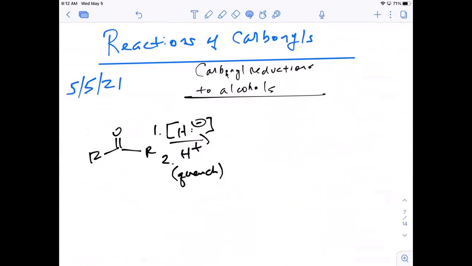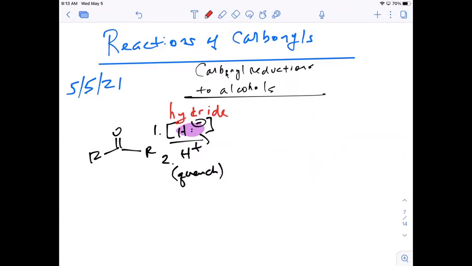The way you reduce carbonyls to alcohols is kind of a two-step process. The first is you need a hydride, some type of hydride source. And the hydride is a nucleophile. It's a hydrogen with a pair of electrons that has a negative charge.